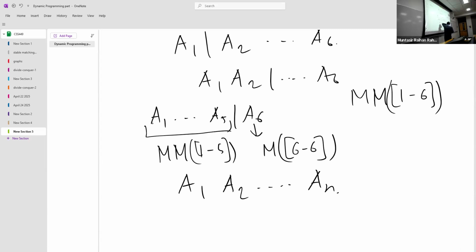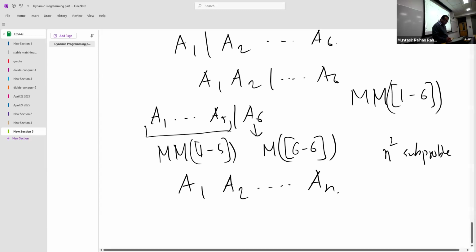And what is the range of these indexes? From starting to end. So if I have n matrices, it's going to be n by n possible subproblems, so we have n squared subproblems.